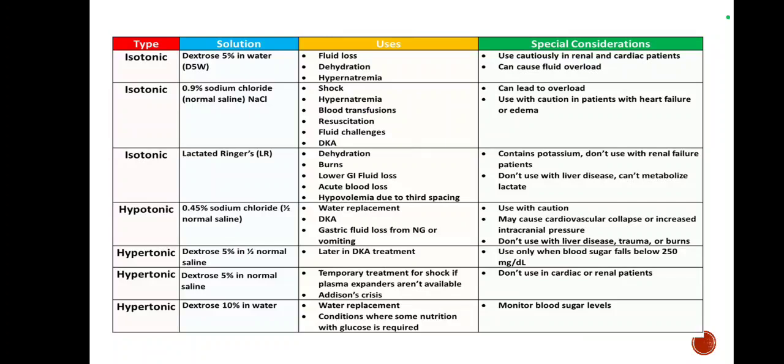We have also dextrose 5% in normal saline, and then dextrose 10% in water. So we have here a table that shows the uses of certain IV fluids and the special considerations that you need to take into account.